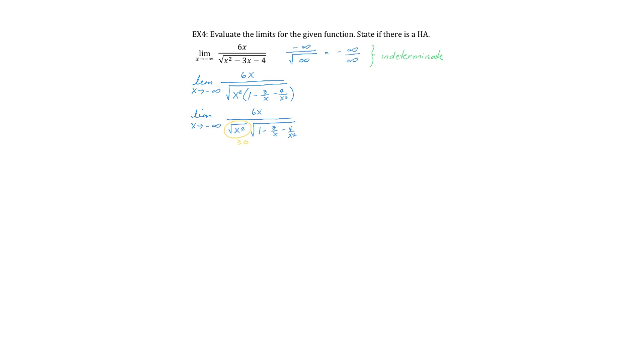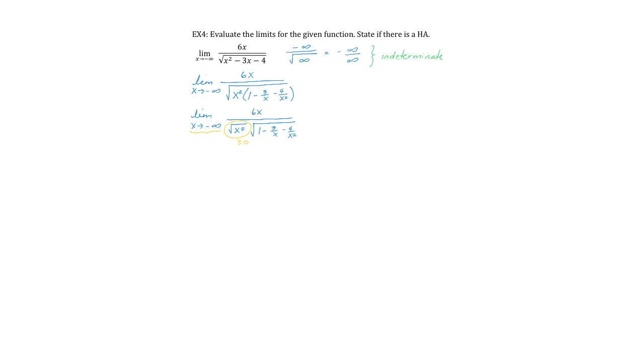And something that we want to make sure that we understand is that I can't just write that as x because of this. The x values are approaching negative infinity. They're negative. So if I were to just cancel this and write x, x is a negative number.